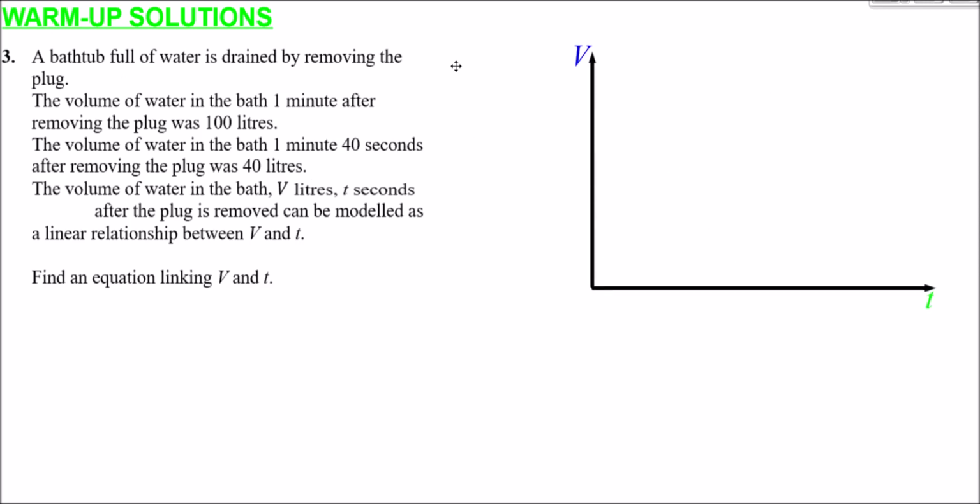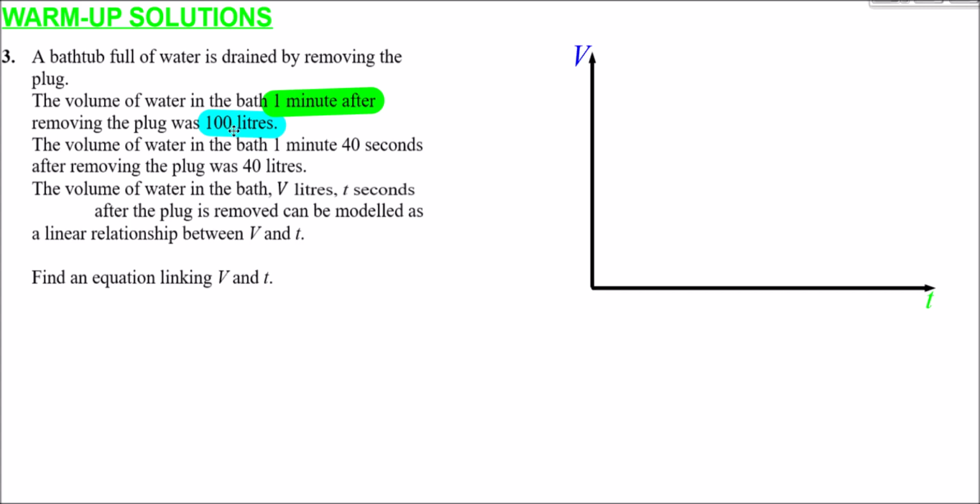Next we can think, well, what's the first thing we're told in this question? Well, we're told t's in seconds, so that needs to be noted. The first bit of information is, when we've got 1 minute after it's been drained, the volume is 100 litres. 1 minute is 60 seconds, so 60 seconds, 100 litres.